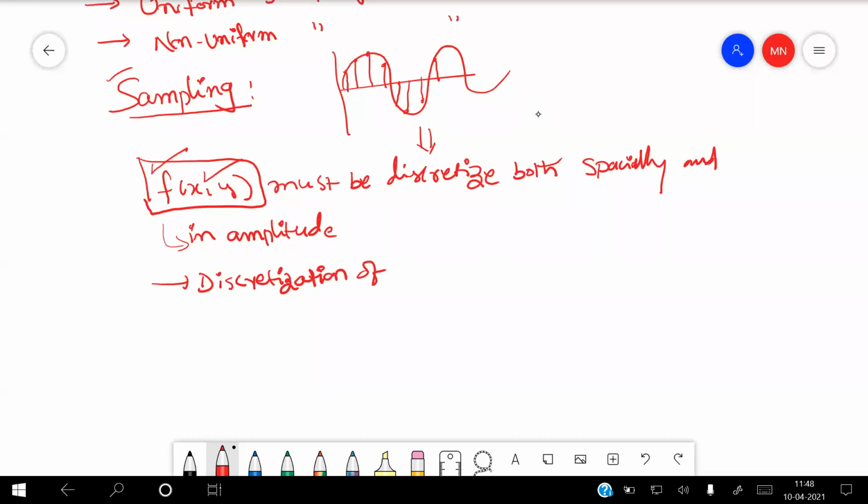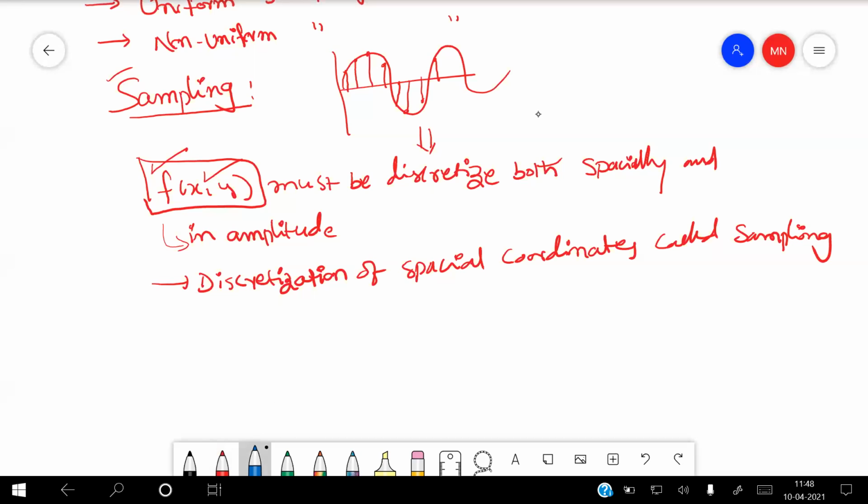Discretization of spatial coordinates is called sampling. Discretization of the spatial coordinates x comma y is called sampling.